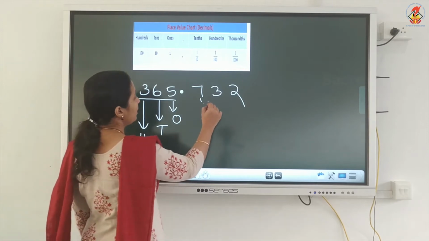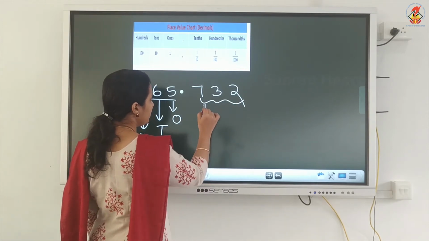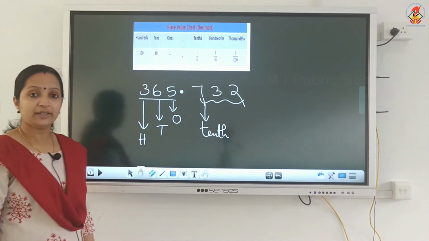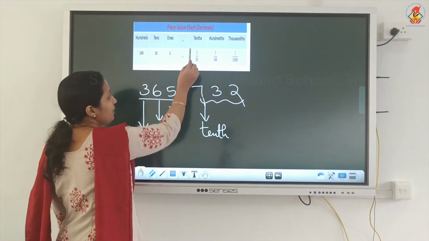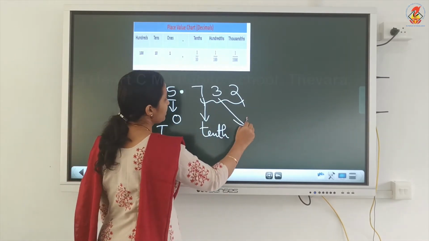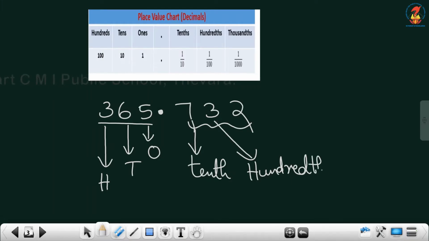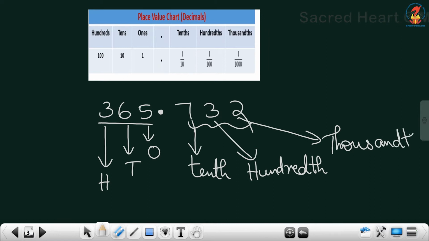In the decimal part, the first place is tenths. First place after the decimal point is tenths, second place is hundredths, and the third place is thousandths. Listen children, the spelling of hundredth is H-U-N-D-R-E-D-T-H, and the spelling of tenth is T-E-N-T-H.